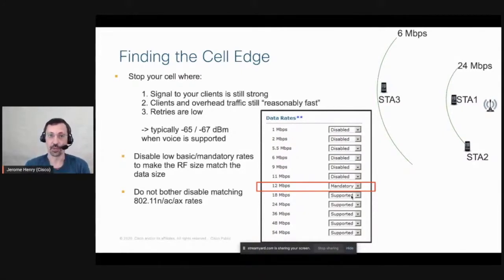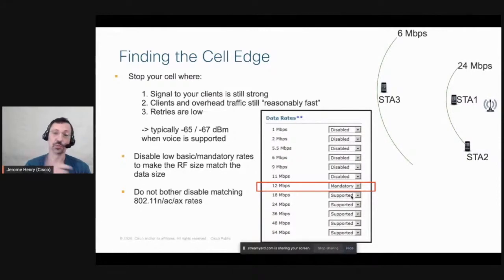You drop them off, and that means the access point doesn't do them, and it advertises that it doesn't do them. Or they can be supported, which means the AP does the rate, but if the client doesn't do it, it's okay. Or mandatory. And mandatory is what is useful here, because all the broadcasts of the AP are sent at the lowest mandatory rate, which means that if you do what we see on the slide here, the first allowed rate is also the first mandatory rate, 12 megabit per second.